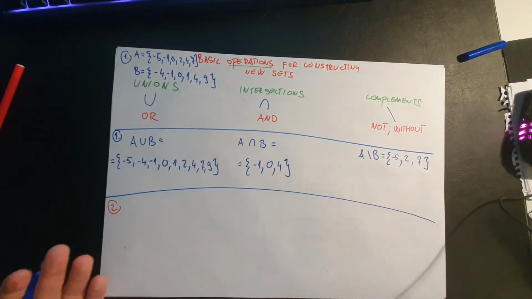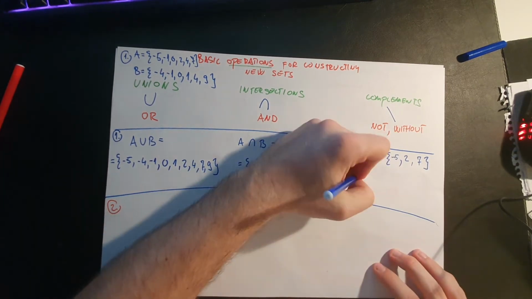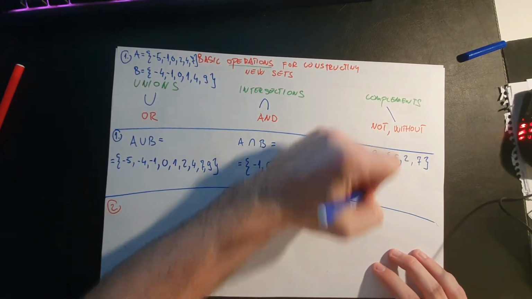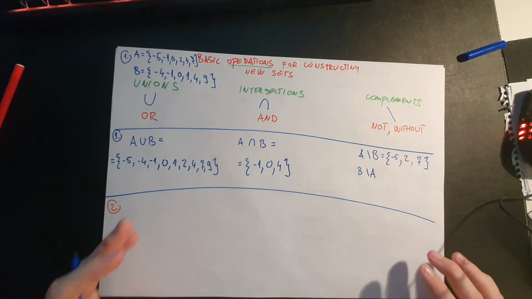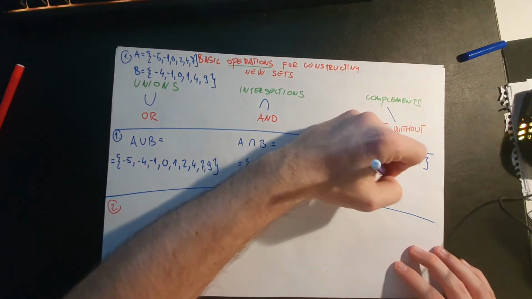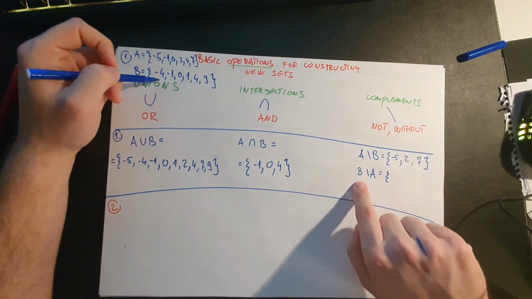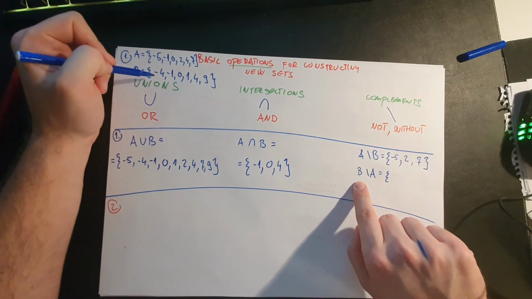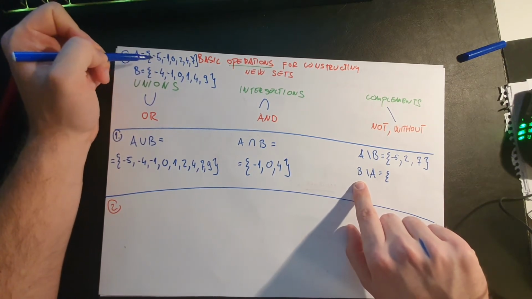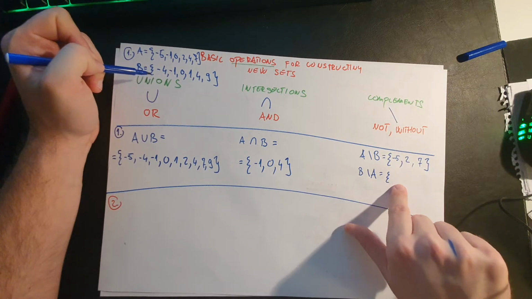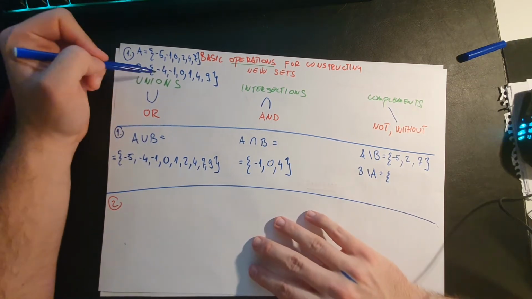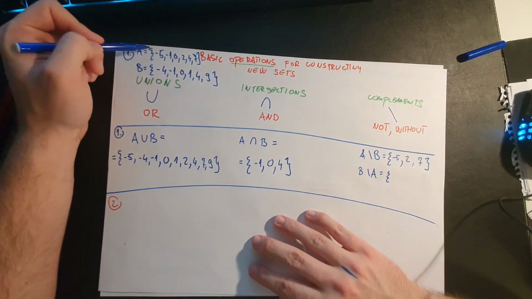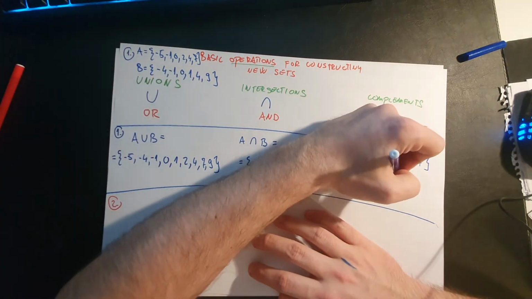Okay, let's look at it the other way. Let's look at it as B without A now and see what's going to happen. Basically, now I'm looking at the B set, and all the numbers that are in the B set and not in the A set are going to be in the resulting set. What does this mean? So -4, do we have it in the A set? No. -4.